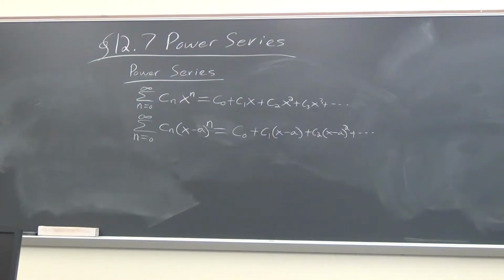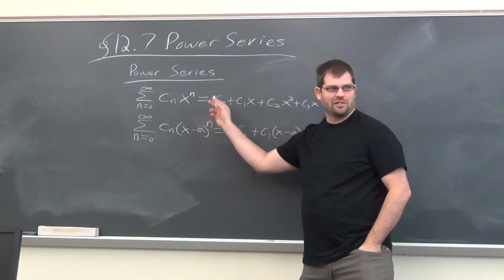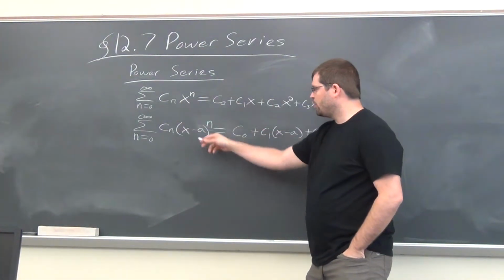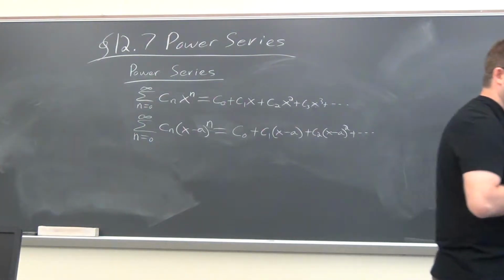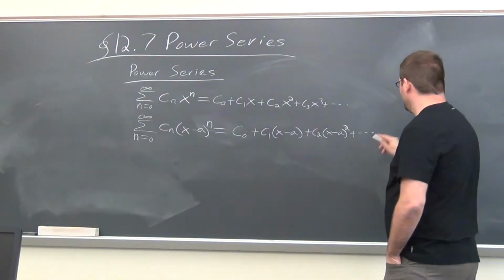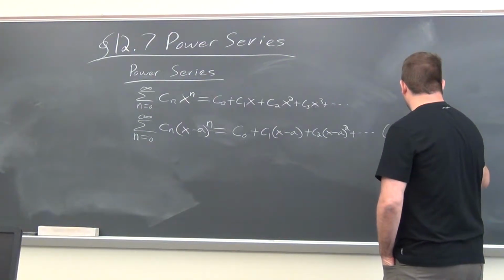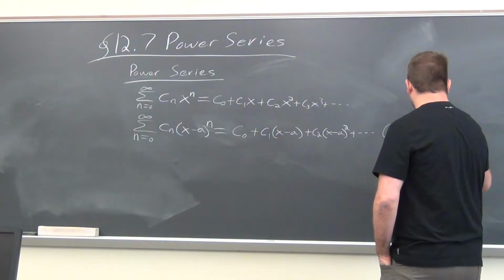For the most part, we're almost always going to be working with just the first form, mostly for convenience because it's easier to write. We'll have a few examples where we move into the messier territory, but we say this one is centered at x equals a.